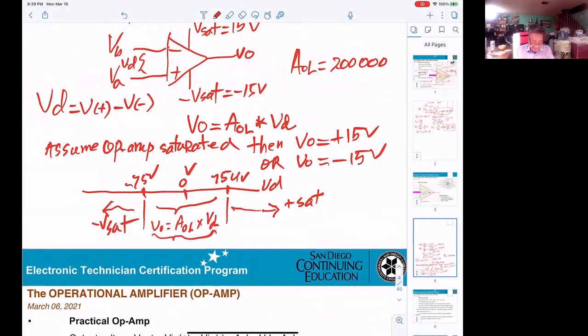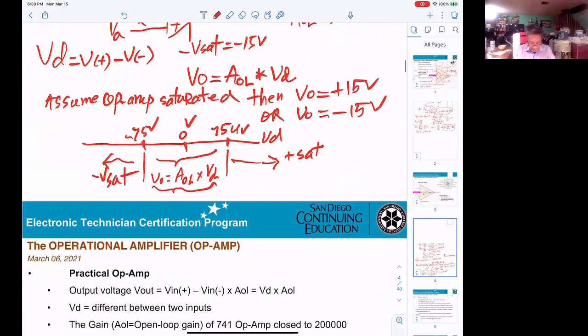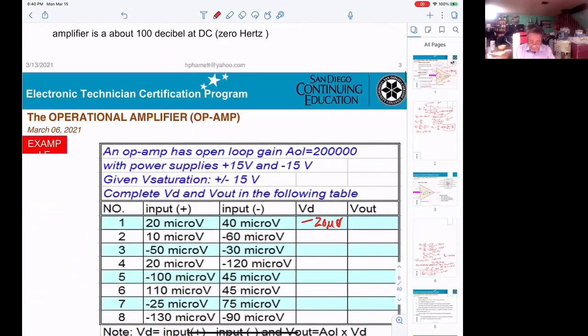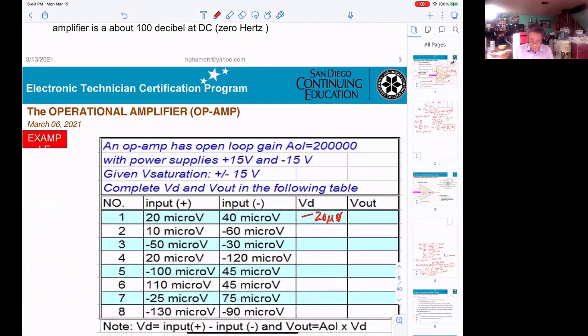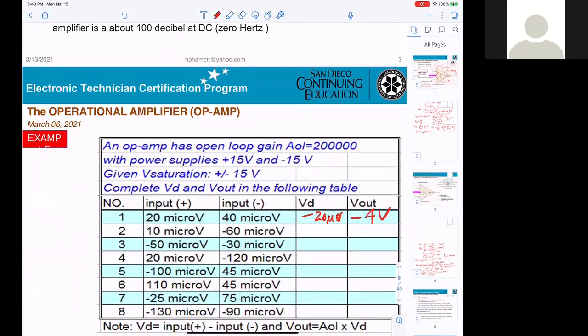They less than 75 and also greater than minus 75 microvolt. So what V out? Minus 4 volts. That means you take 20 microvolt times 200,000, you get minus 4 volt. All right? Okay, now go ahead and do the rest for me to see how many people can understand.